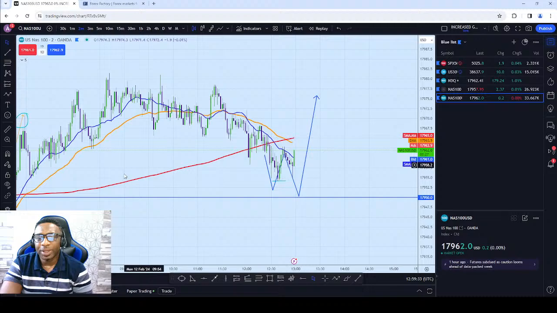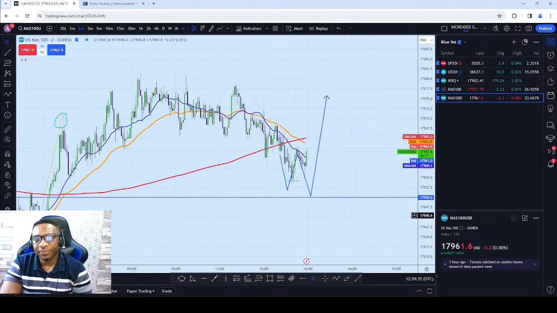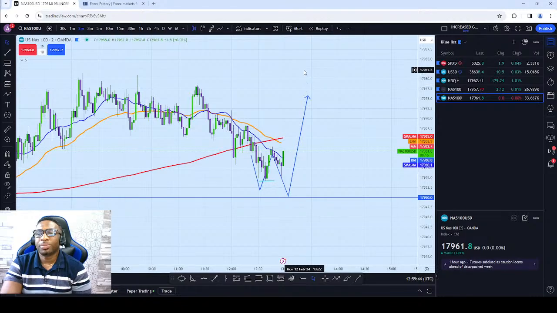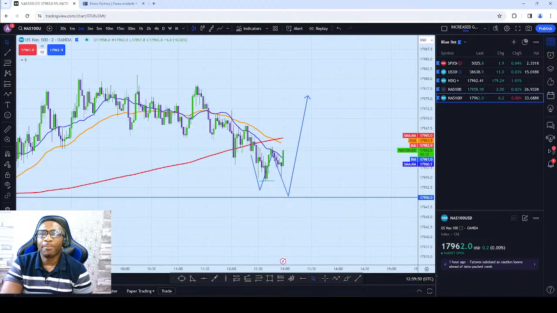As we all know, it was in a wide state and then pulled back to a narrow state. So there is a high probability that it will go up to continue where it was coming from.